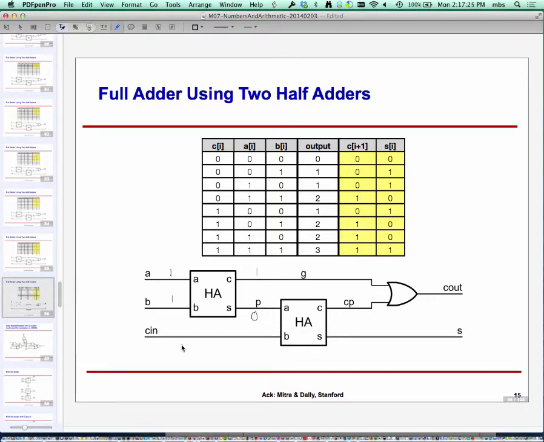C in was 1, so on this half adder I'm adding 0 and 1. Its output is going to be carry of 0 and sum of 1. So this is going to be 0 and this is going to be 1. And now here we have 1 OR 0, output is 1. Which makes sense. We wanted 1 and 1 according to our truth table also. And you can try out all the cases like this.